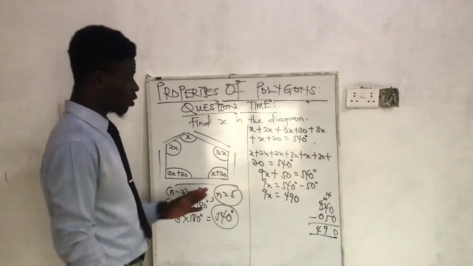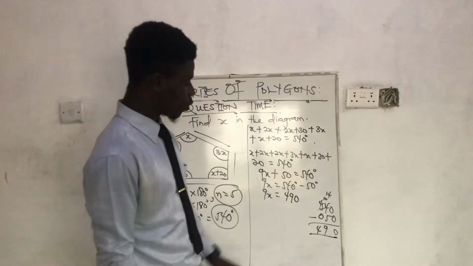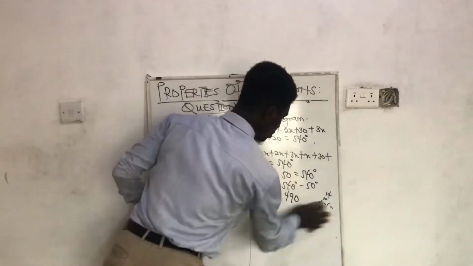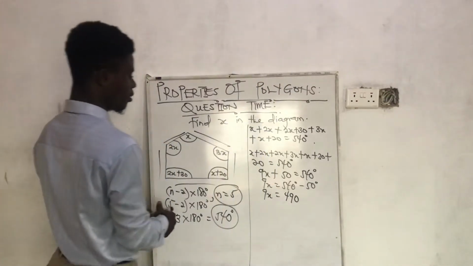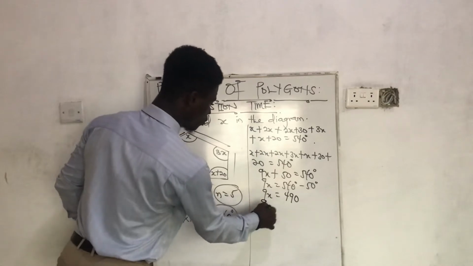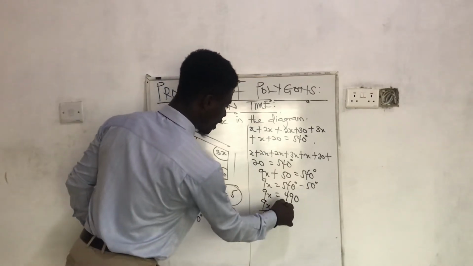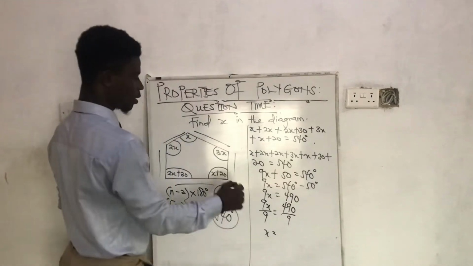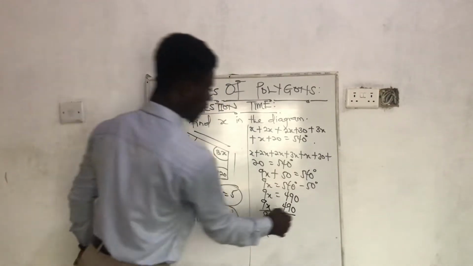490 degrees. So now, how best can we solve this question here? So let's see. We have 9x. We divide both sides by the coefficient of x, which is 9. So now x will be equal to... Long division applies here.